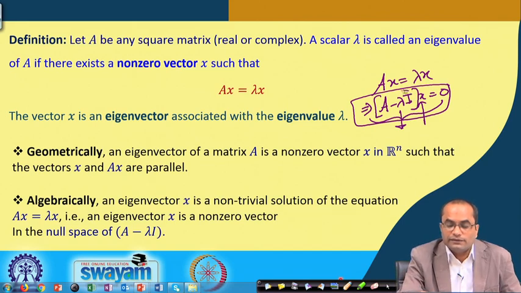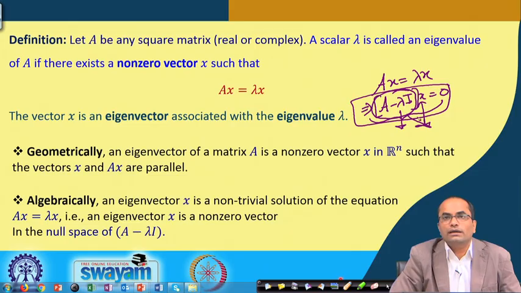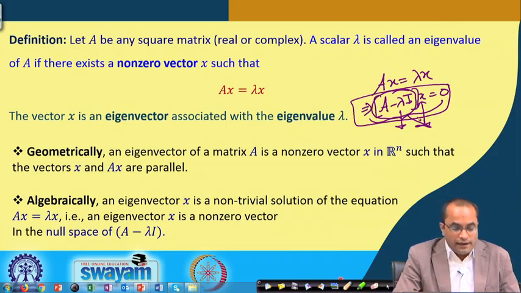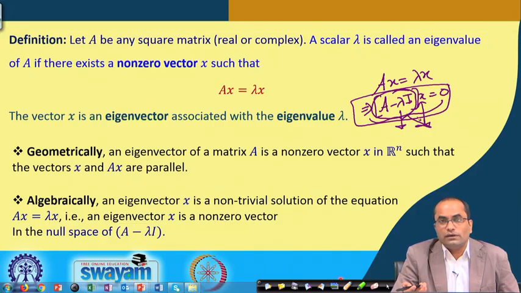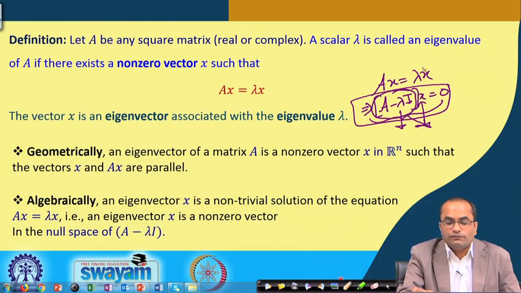So, here the matrix is A minus lambda I, and the x vector which we are looking for is in the null space of this matrix A minus lambda I. The null space also has a 0 vector, but we are looking for the non-zero vector in the null space.